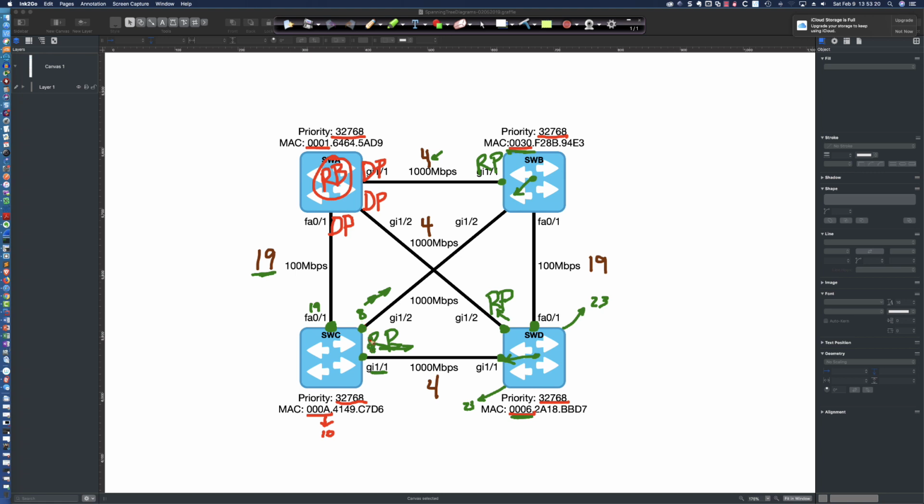When there is a tie like that and the values are the same, we're going to go to the superior sender's bridge ID, or the SBID. And we know that the sender's bridge ID, that is the superior value, the lower value, is coming off of switch D. That would be switch C's root port right here.